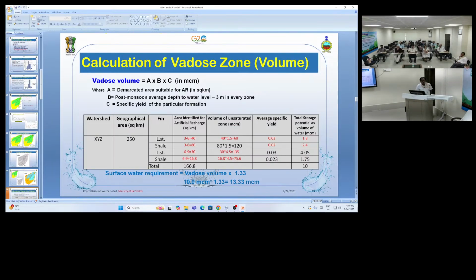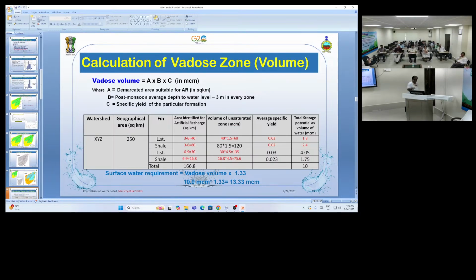With that you will have to multiply 1.33, because we are considering 75% efficiency. Why? Because of non-committed surface runoff, because where will you take the water from? From surface runoff. There may be some that is committed. Which one is committed? Where you already have a pond or any structure already kept for recharging. That is your committed water. Other than this, whatever water remains is non-committed water.